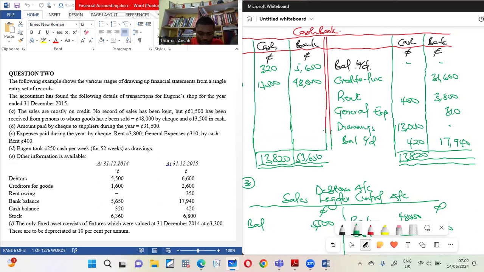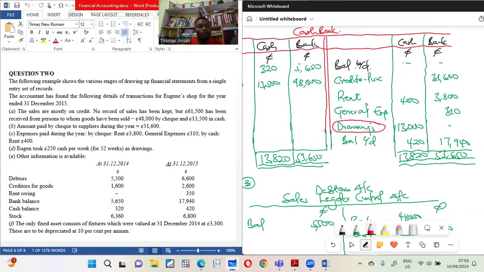So 31,600 plus 3,800 plus 310 plus 17,940. Yeah, the same thing. It gives me the same thing. So it balances by itself. So we have 53,650. If it had not balanced by itself and there is a shortfall, the shortfall would have been these drawings.